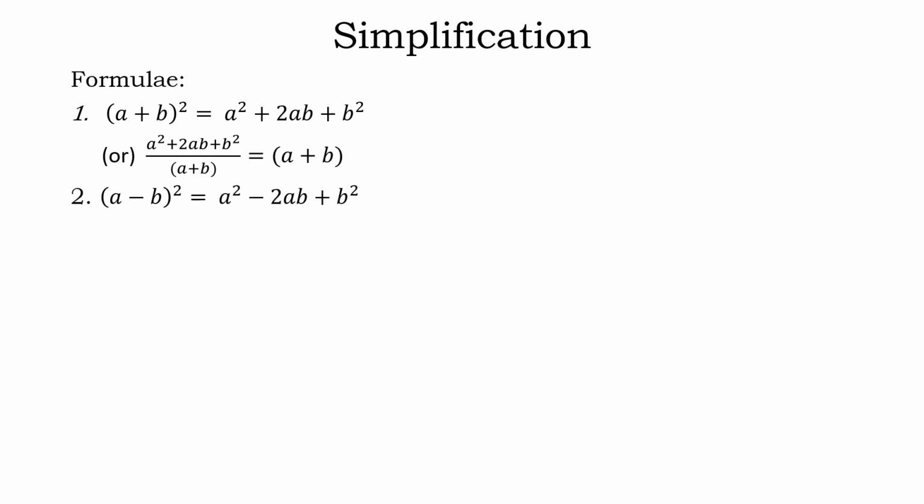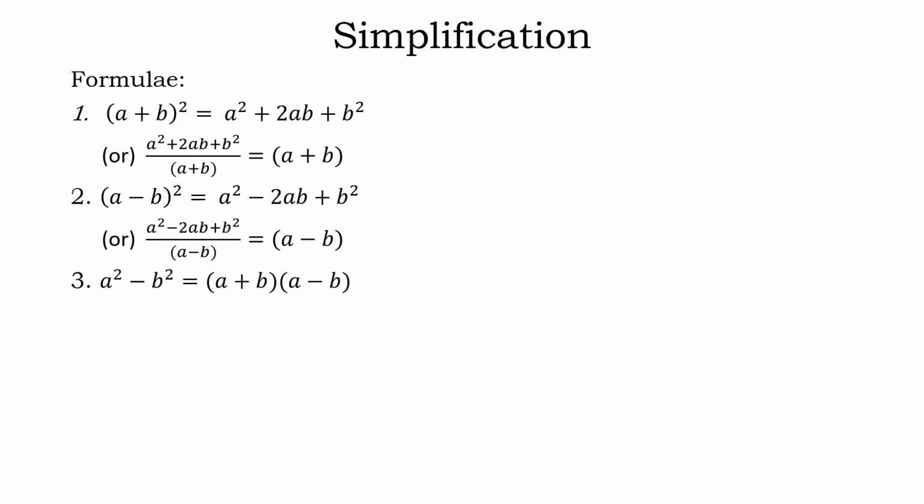Next, (a minus b) whole square is equal to a square minus 2ab plus b square. In the same way, if the given problem is in this form, (a square minus 2ab plus b square) by (a minus b), then we can write it equal to a minus b.